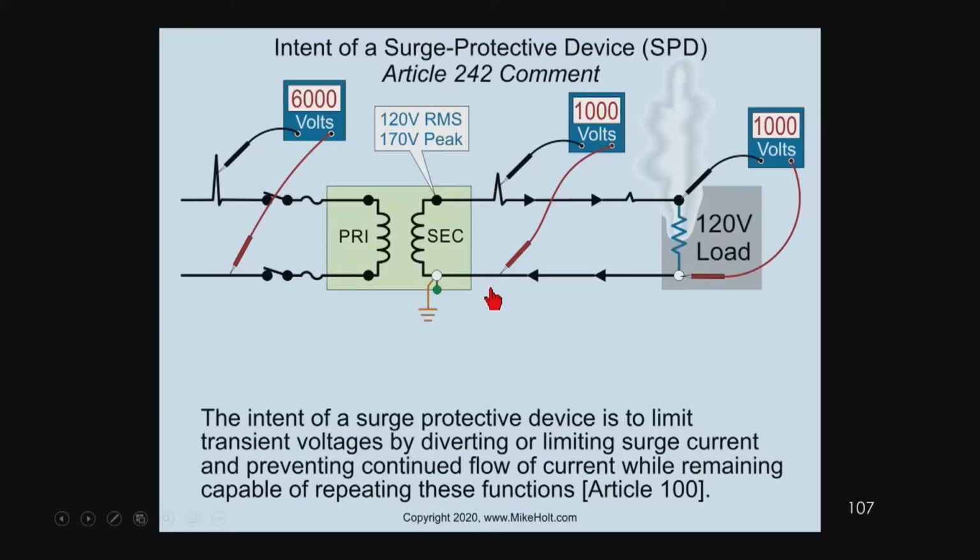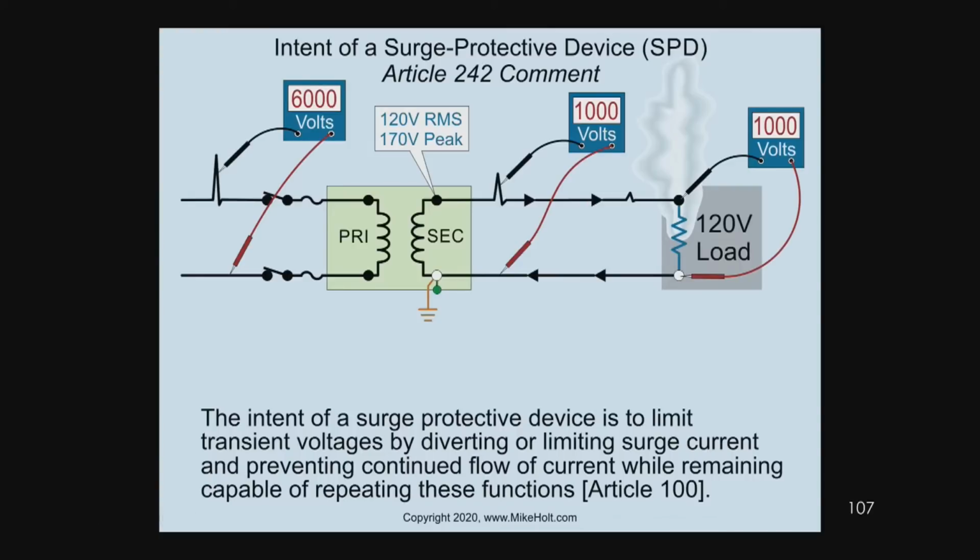Jacob, let me explain what he is saying. Imagine that I put a surge protection device here, and this is 6,000, and I put a surge protection device here. I'd be able to create enough voltage drop to drop that voltage down. But then I put another, that's a type 1 at the service. I put another surge protection device at the panel.